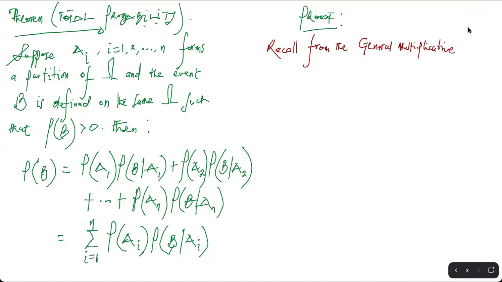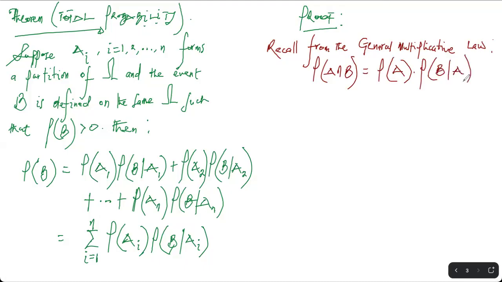And what does it say? That law says that the probability of A intersection B is given by the probability of A multiplying the probability of B given A. If you like, you can also write the other way around: the probability of B multiplying the probability of A given B. This is what we studied in the previous meeting.